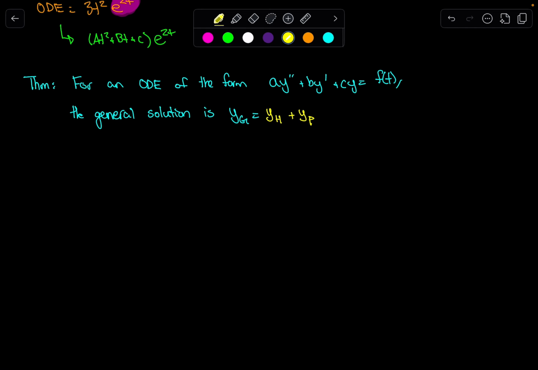And you might say, what the heck? We need to solve for the homogeneous solution first as part of solving this problem? Where does the homogeneous solution come in?